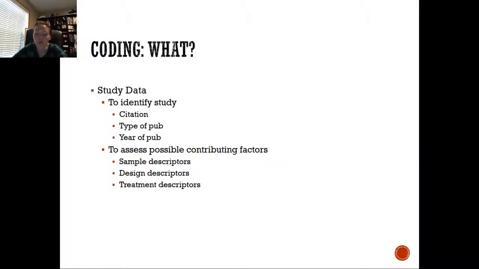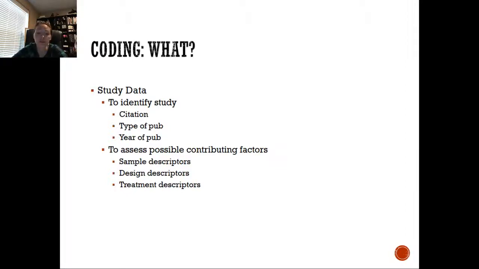So it could be that when we are looking at true experimental designs, we're not finding a statistically significant effect. But if we're looking at quasi-experimental, it seems like those articles are finding statistical significance. So we can look at some of those reasons.